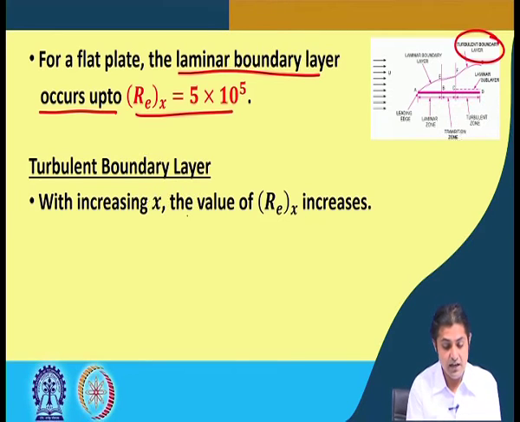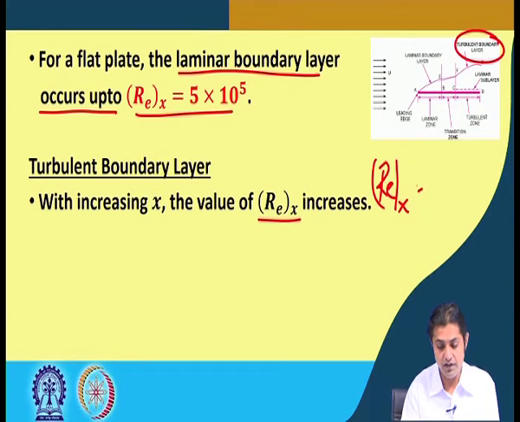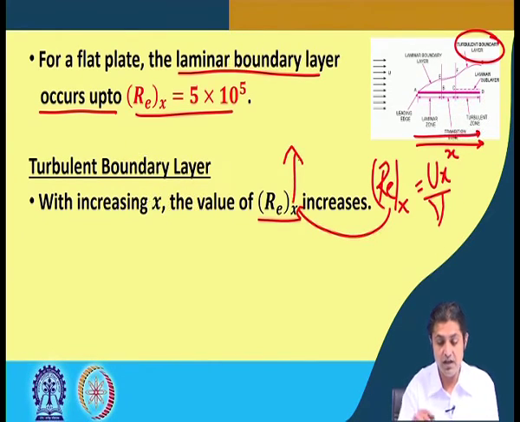Actually, with increasing x, as we saw, Reynolds number as a function of x was u x by nu, and x is in this direction. So, as you keep on moving in this direction, x is going to increase, and therefore, the Reynolds number will increase, right.